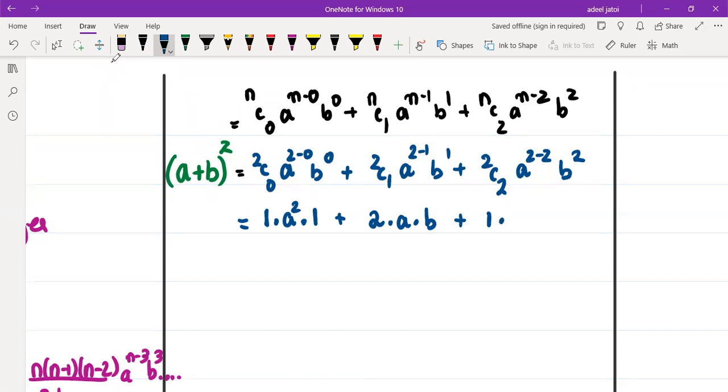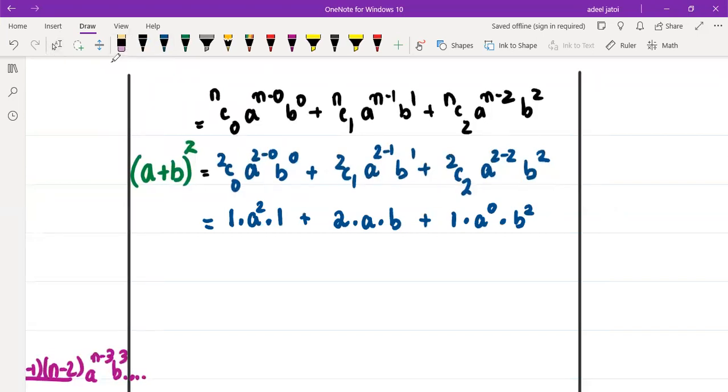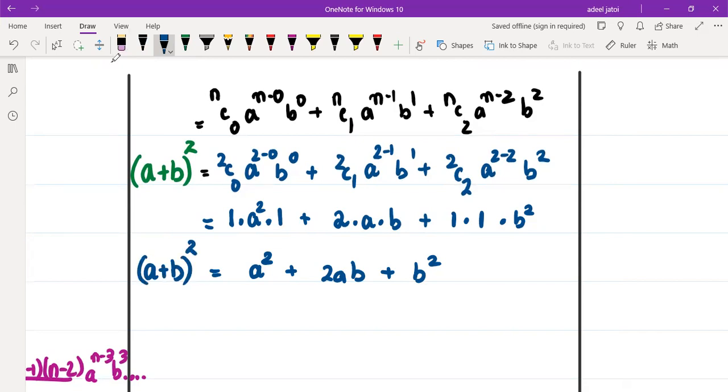And a to the power 0 is also 1. So can I say the answer for this is a square plus 2ab plus b square. So this is your generalized formula of (a plus b) whole square.